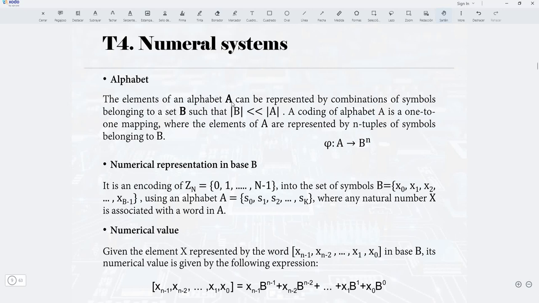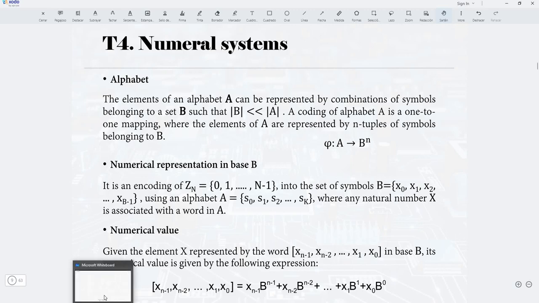The elements of an alphabet A can be represented using symbols of another set B, considering that the cardinal of the B set, the cardinal is the number of elements, is much smaller than the cardinal of the set A, that is the alphabet. It may seem confusing, but it's really simple.